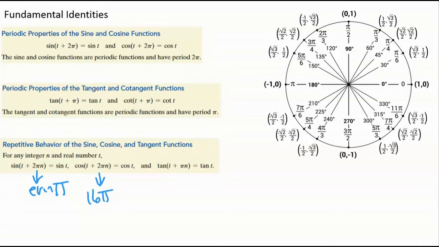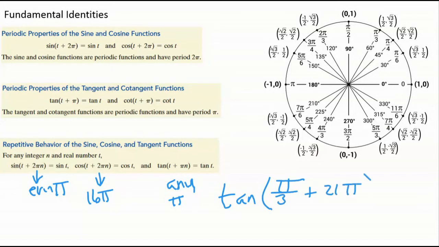But on the other hand, for tangent, it could be any pi, not just an even pi, but any pi value, say 15 pi. Then you could just evaluate tangent of t. So for instance, if I ask you to find tangent of pi over 3 plus 21 pi, you can ignore the 21 pi part and just evaluate tangent of pi over 3. I'm not going to do that because I'm running out of space here and I've got other problems planned for you. But that's exactly how you could use this repetitive behavior of sine and cosine.